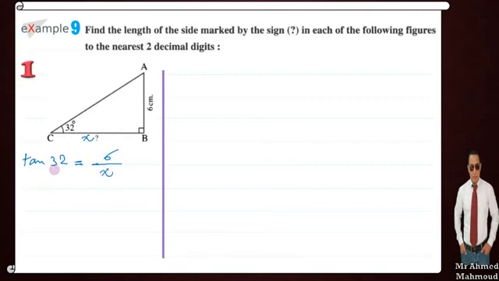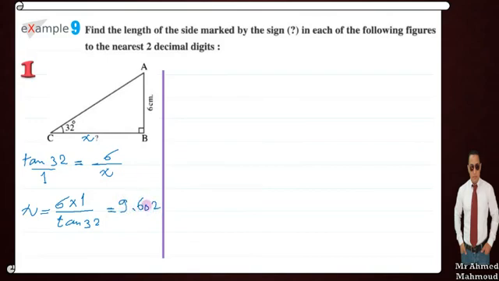Now by putting 1 under tan 32, x equals 6 times 1 over tan 32. It's equal to 9.602.